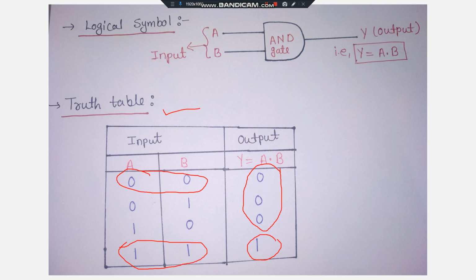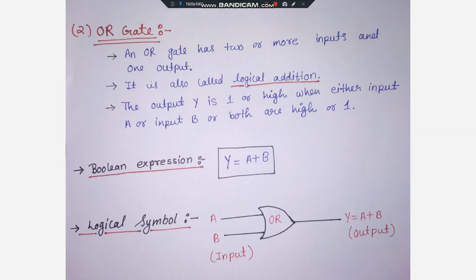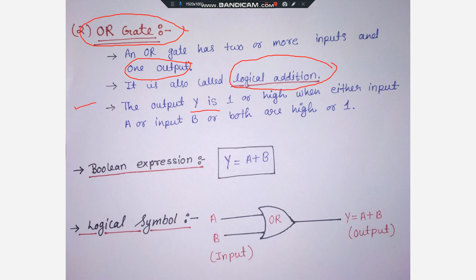Okay, so now we will move to our next type of basic gate, that is the OR gate. It is also very simple. In OR gate also we can have n number of inputs, but only one output. OR gate represents the logical addition, and its statement is: the output Y is 1 or high when either input A or B or both are high.